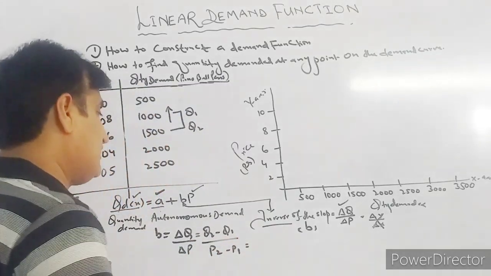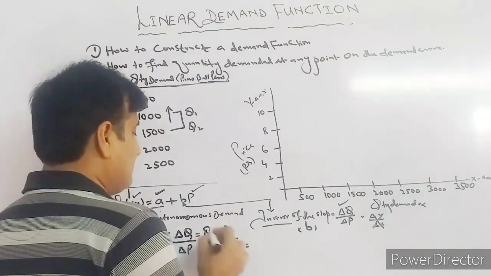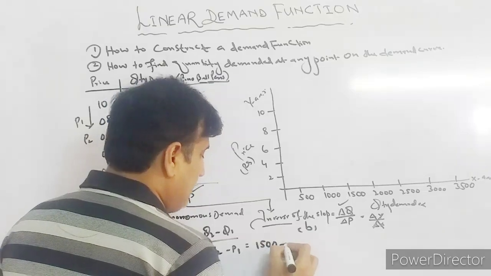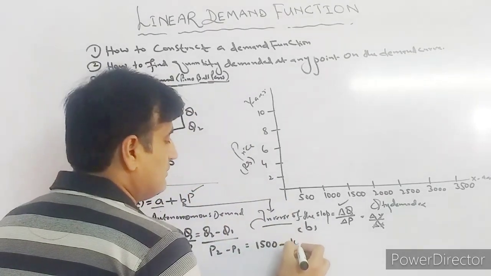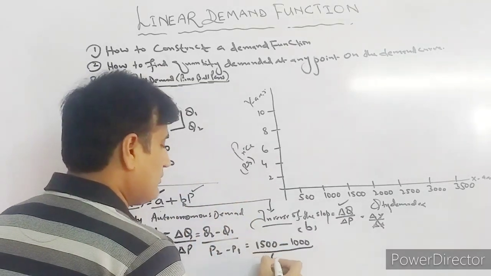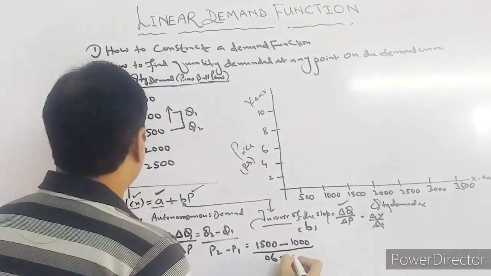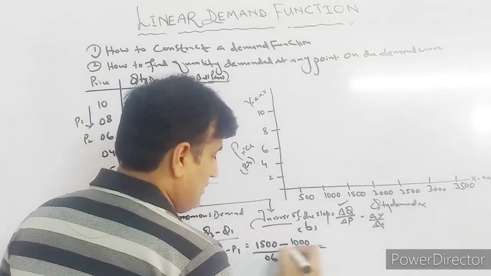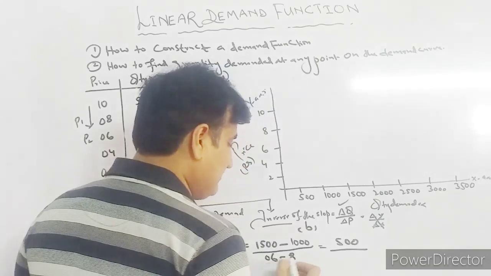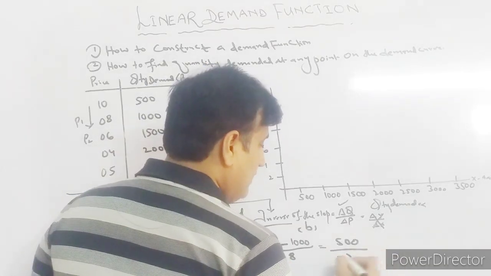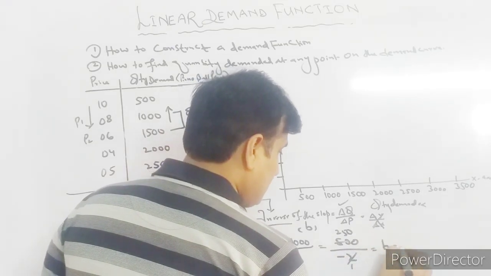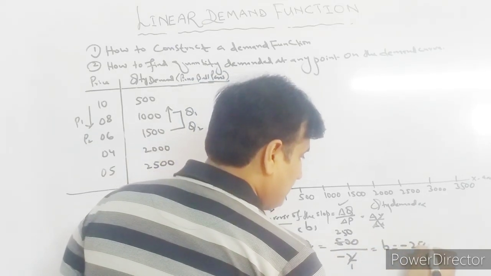So we solve it for beta: Q2 is 1500, Q1 is 1000, P2 is 6 and P1 is 8. 1500 minus 1000, that is 500, divided by 6 minus 8, that is minus 2, so beta is equal to minus 250.